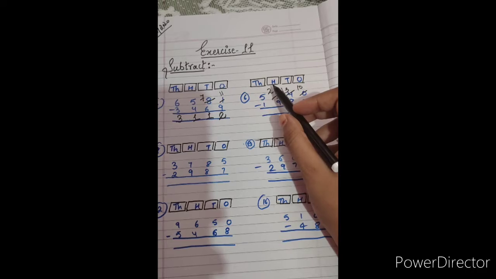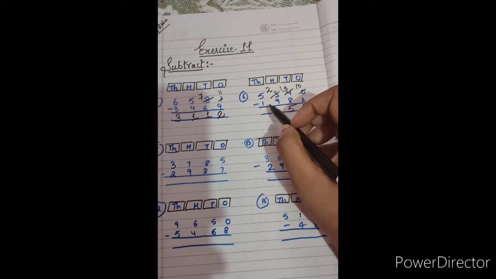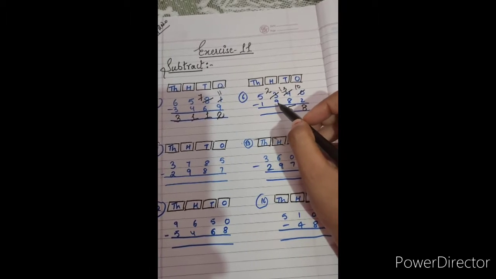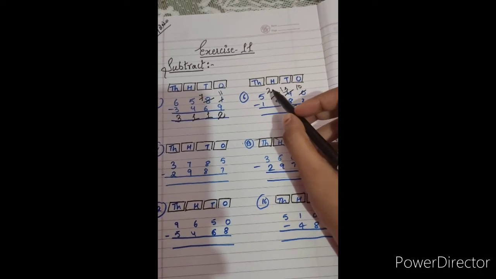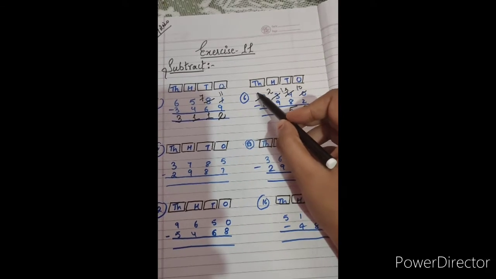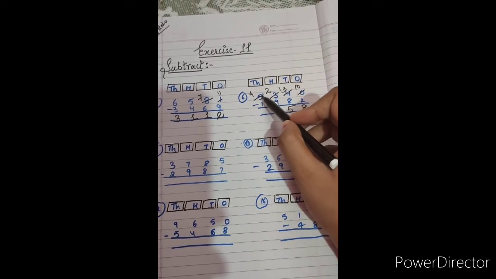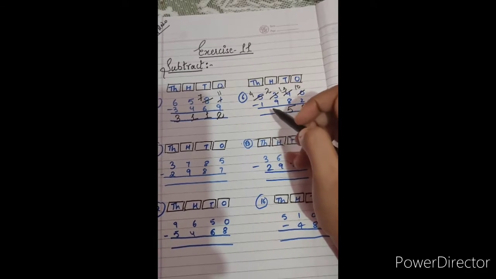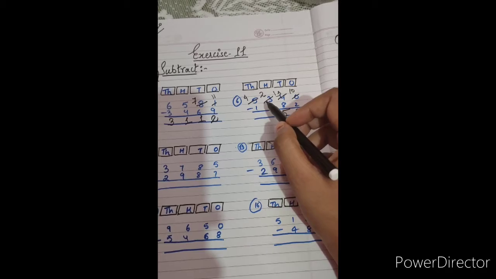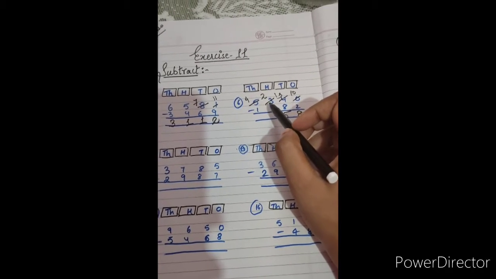Now subtracting the 100, we want to subtract 9 from 2, but it is not possible because 9 is greater than 2. So from the 1000 column we borrow 1000 leaving behind 4, and 1000 plus 200 is 1200, right?